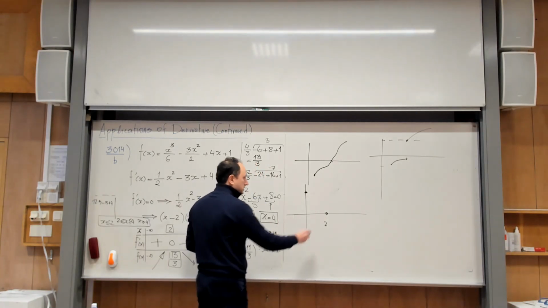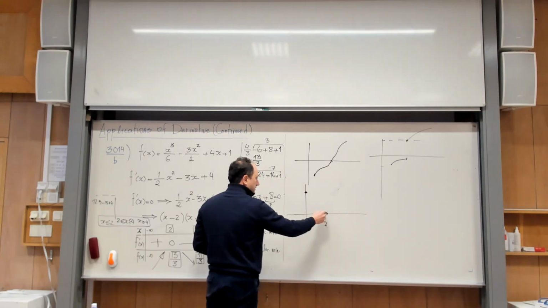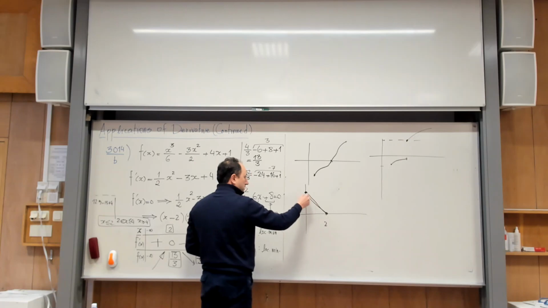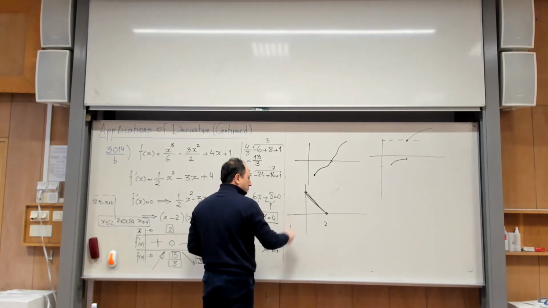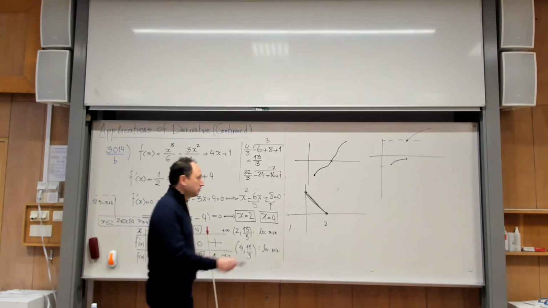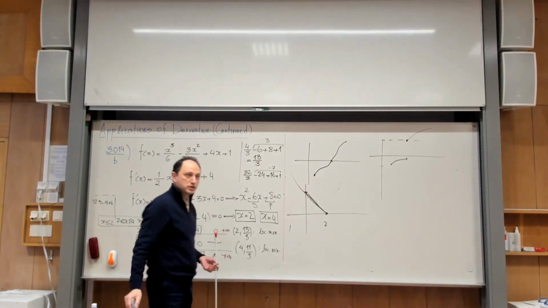Now I want to claim that this remains always positive. Why is that? Because I don't know what the graph of this function is, but they are connected somehow. And I want to tell you that there is no way for this function to come back and become negative. It will remain positive. Why is that?